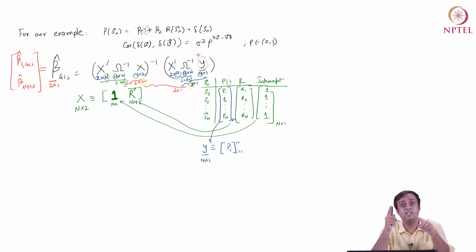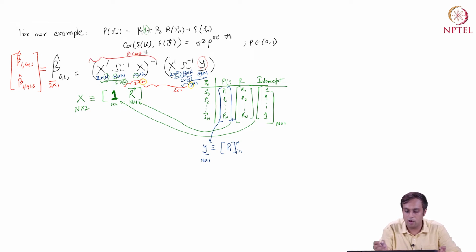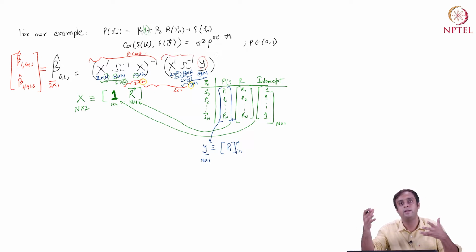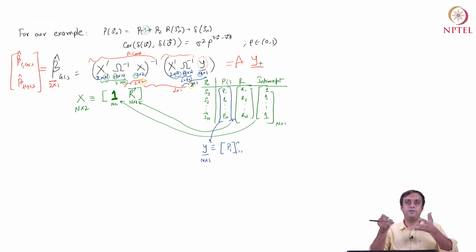Another thing is beta hat GLS is linear in y. It's very important to see that it's linear in y because all you are looking at is a constant here, a constant here. So basically beta hat GLS can be written as a constant A times y, right? You can reformulate this whole thing in that format.